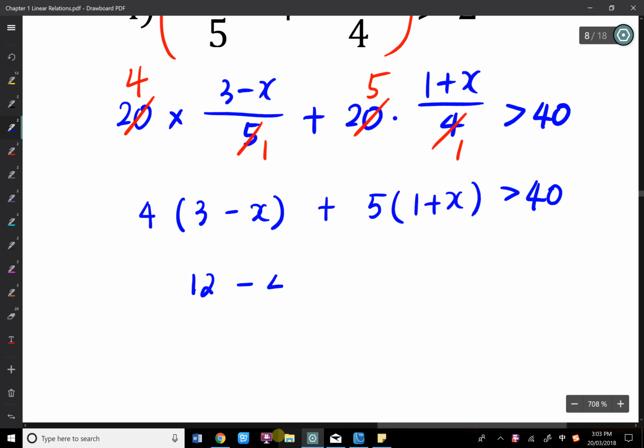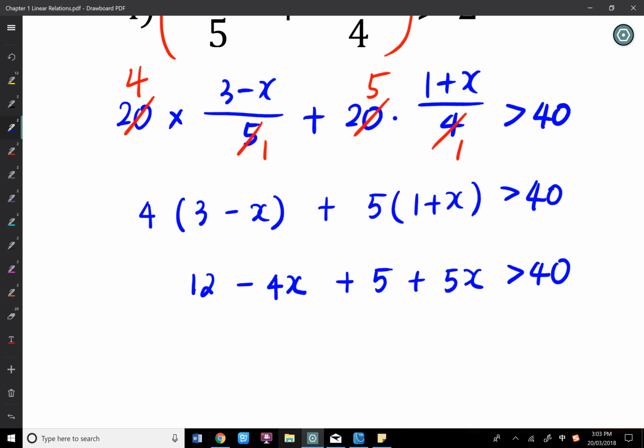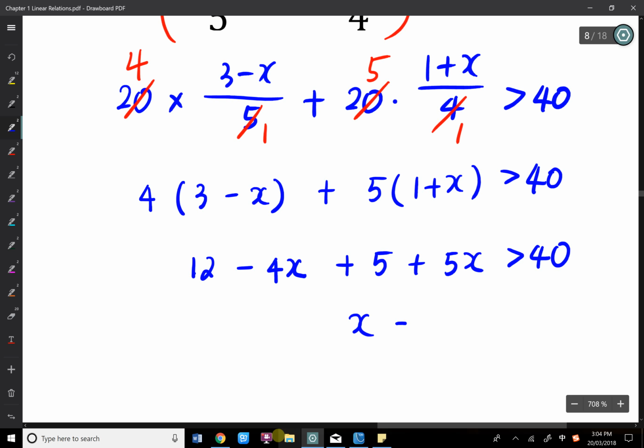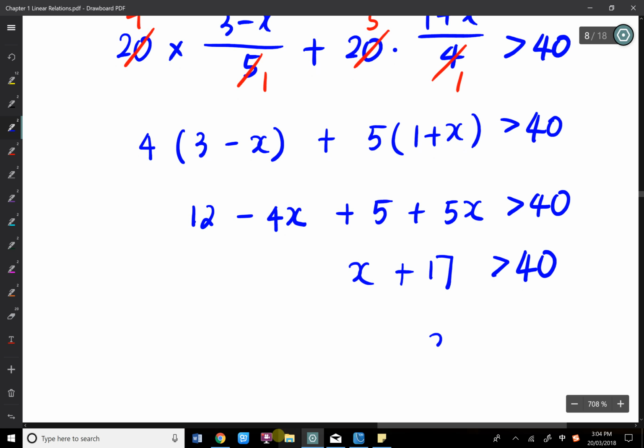That's 12 minus 4x plus 5 plus 5x greater than 40. Simplify it: x plus 17 greater than 40. So x is greater than 23, after minus 17 on both sides.